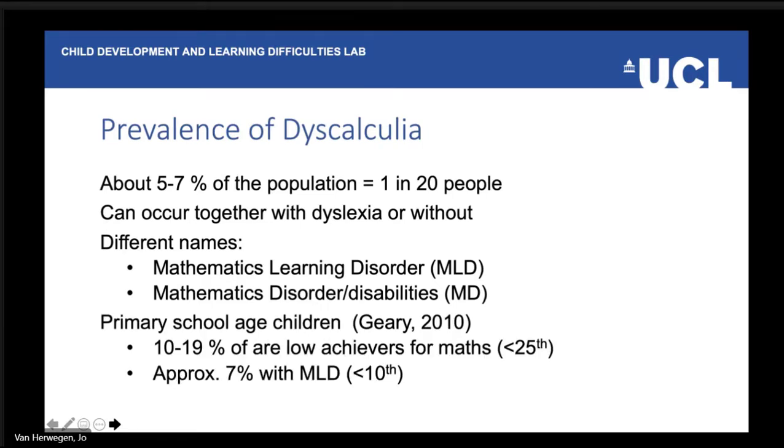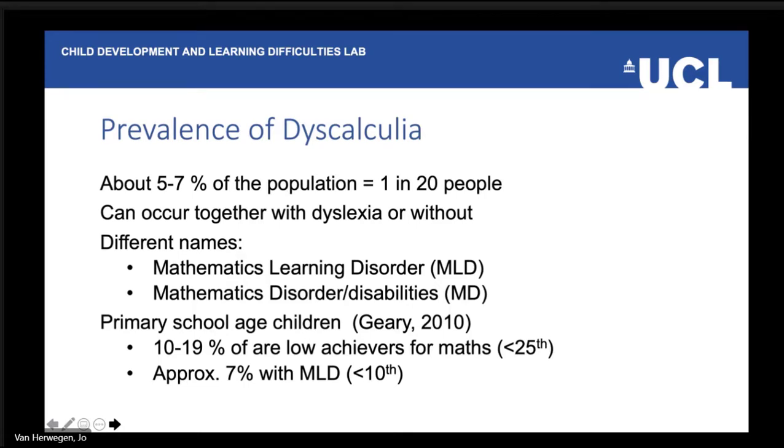For example, David Geary has done a lot of research around this in terms of primary school age children. You can also talk about low achievers for maths, and these are children who are scoring below the 25th percentile for their age group, which is significant mathematical difficulty, but they may still improve and may grow out of it. So that's about 20% of children who score like that.